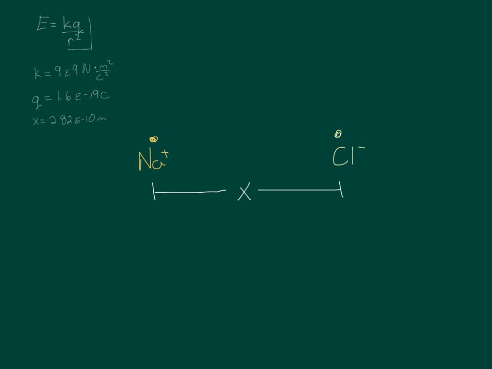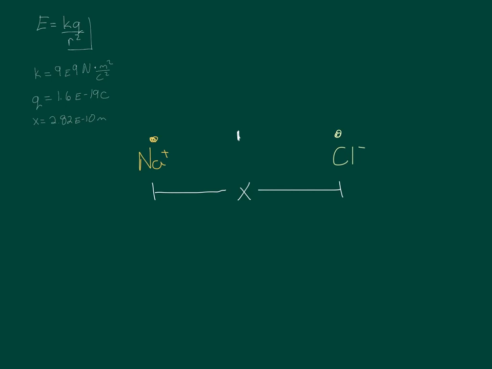So I'm going to go ahead and finish setting up what I want to know. Now in this particular instance, I'm interested to know what the electric field is at a point between the two, so right here. So that's going to be half the distance x. So I want to know what the electric field is. Well, the electric field follows something fancy sounding that's called the principle of superposition.